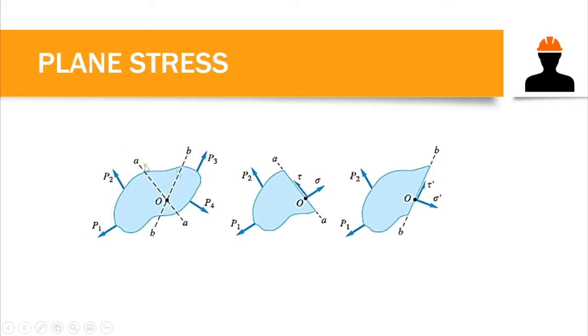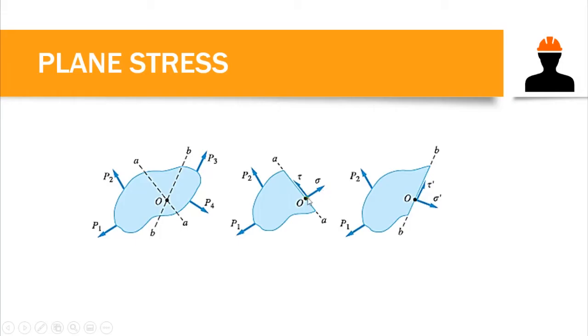We have P1, P2, P3, and P4 acting in any directions. Now, if we want to determine the stress at point O, we need to cut. So let's say we cut at section AA, we would have our shear stress and normal stress exposed at point O.